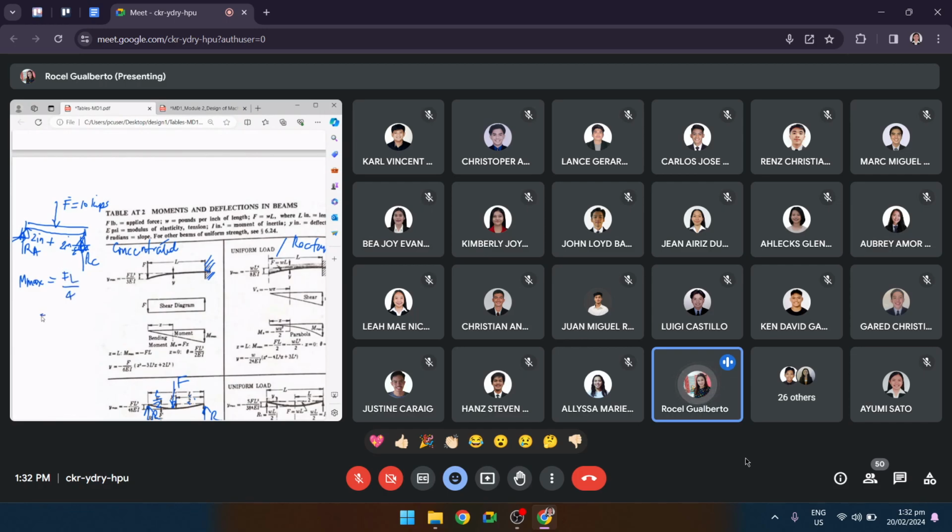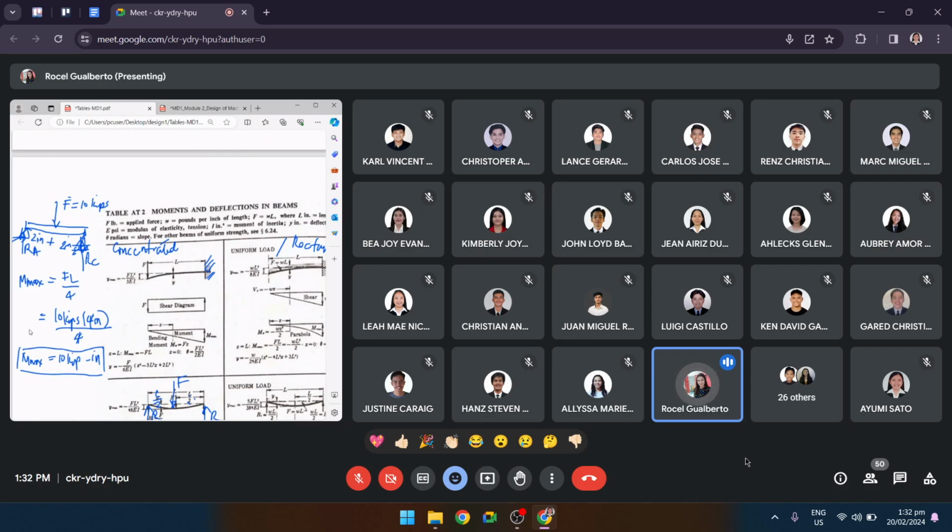Substituting, this is 10 kips. What is the length? 2 and 2, so we have 4 inches. Divided by 4, you can cancel out this 4. So, we have our answer: M maximum is equal to 10 kip-inch. So, that is the value of our M maximum.